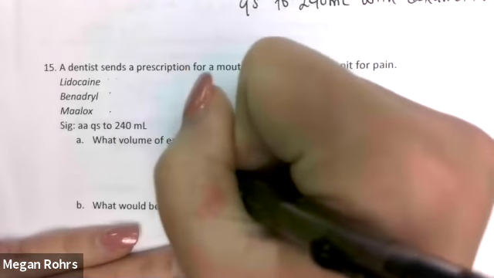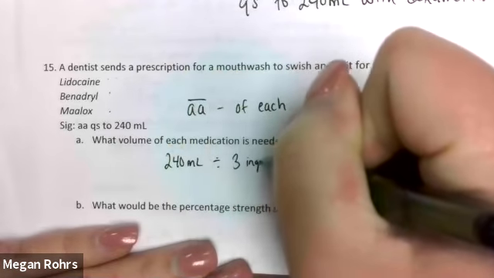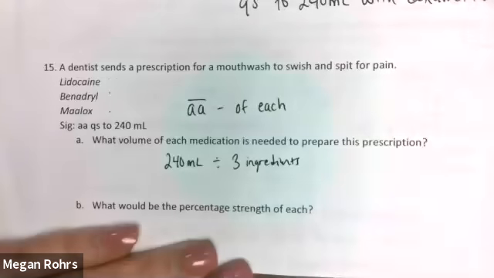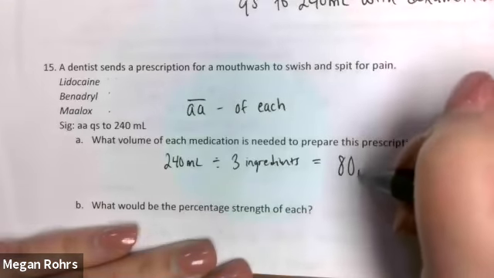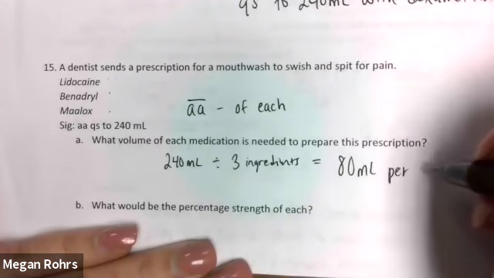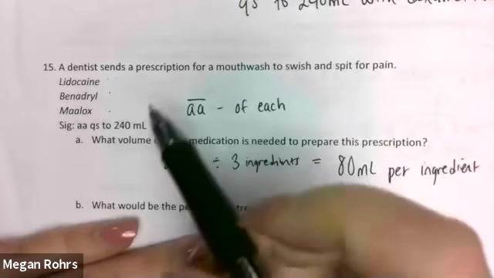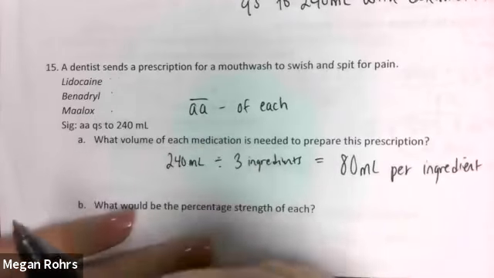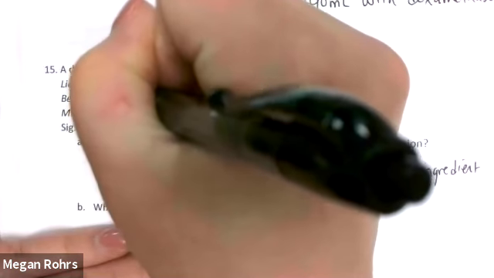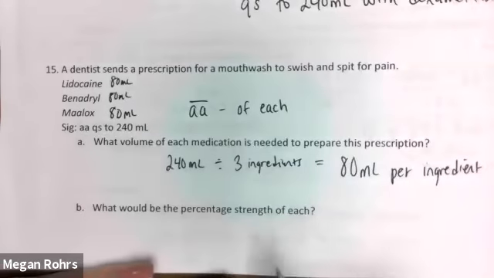So 240 mils divided by 3 ingredients gives me 80 mils per ingredient. Anytime you see that AA QS, that just means add equal parts of each. So now I know I would need 80 mils of lidocaine, 80 mils of Benadryl, and 80 mils of Maalox.